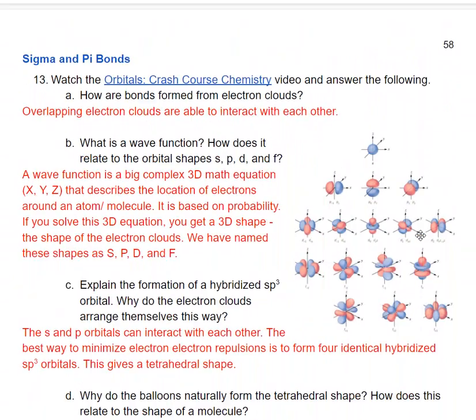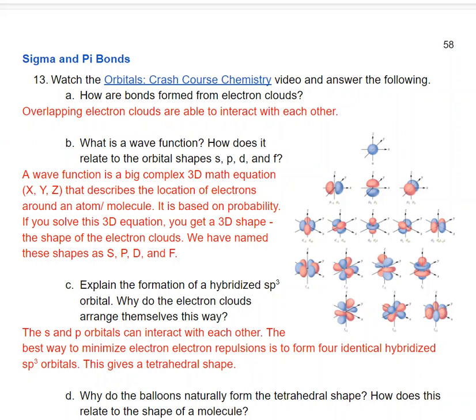So sigma and pi bonds. So how are bonds formed from electron clouds? So overlapping electron clouds are able to interact with each other. A wave function is a big, complicated 3D math equation.